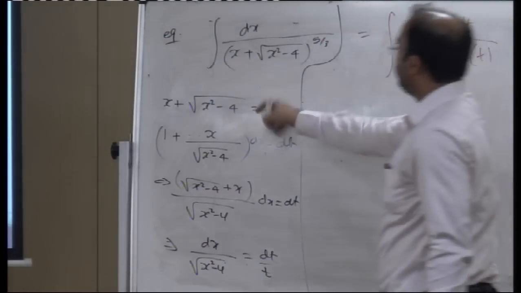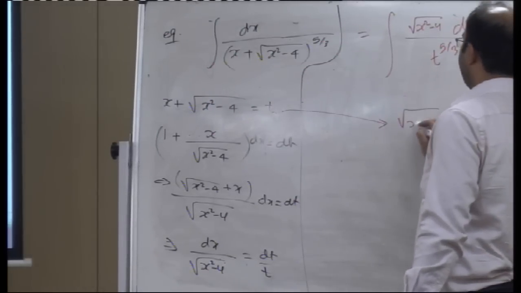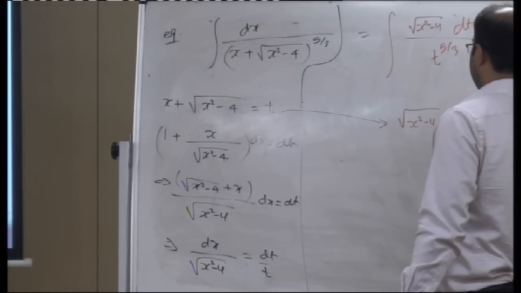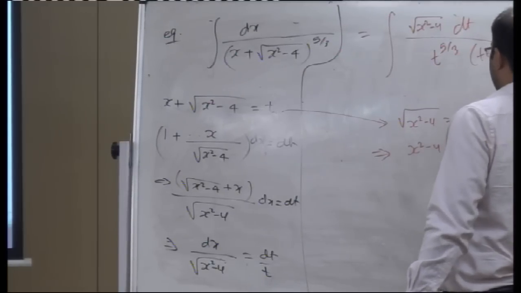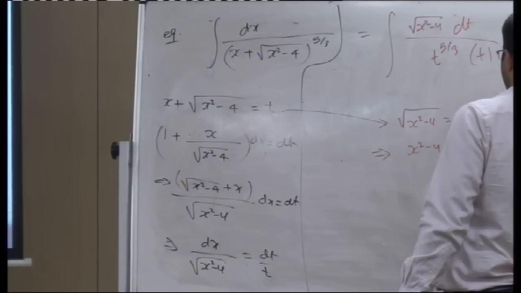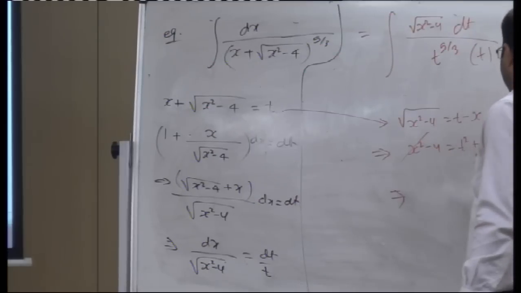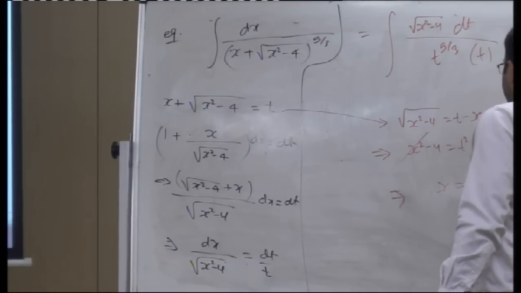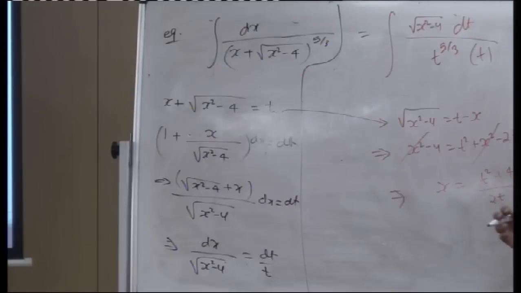So what we do, we again come to this substitution we have made, and we write it like this: root over x square minus 4 equal to t minus x. Square both the sides. x square minus 4 equal to t square plus x square minus 2tx. Cancel x square. You will get x equal to (t square plus 4) upon 2t. Now you can substitute this x here.